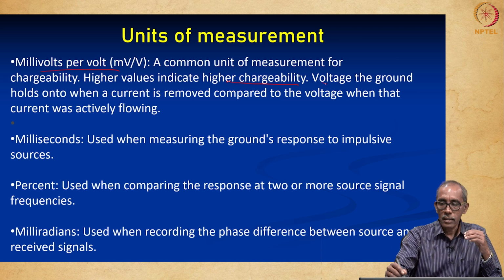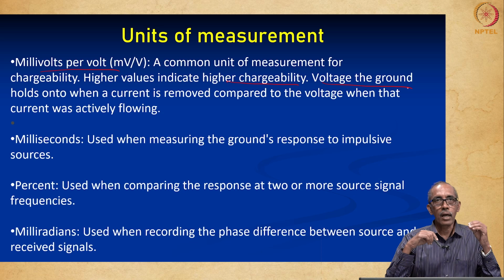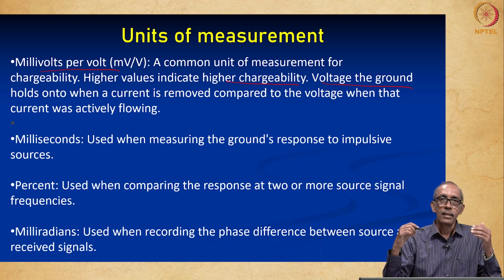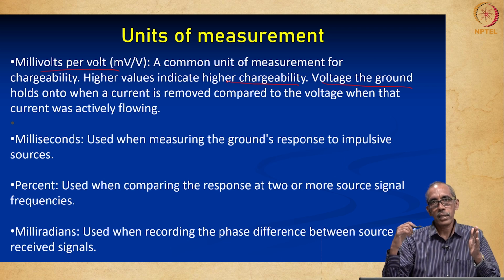So, it is the voltage the ground holds on when the current is removed compared to the voltage that the current was actively flowing. Right. What is induced polarization method? In induced polarization method, we had already seen the measurement of potential is measured after the stopping of application of the current.